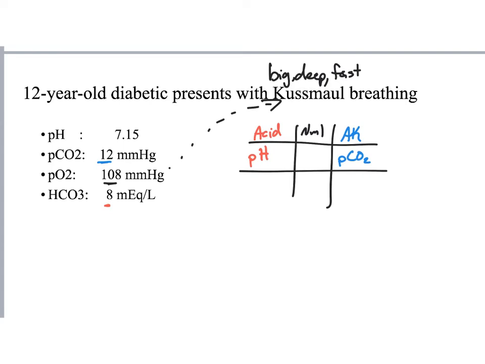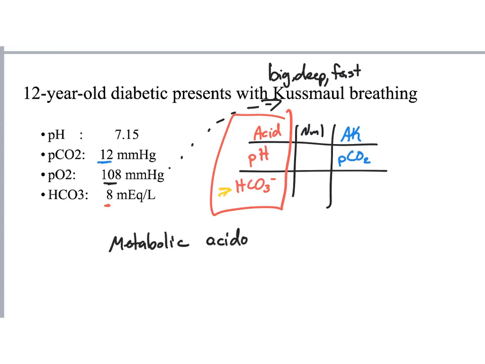So low bicarb, low base. That comes over here on our acidotic side. So we get tic-tac-toe on the acidotic side, but this time it's our metabolic indicator that's over here with the pH. So I know that I have metabolic acidosis.